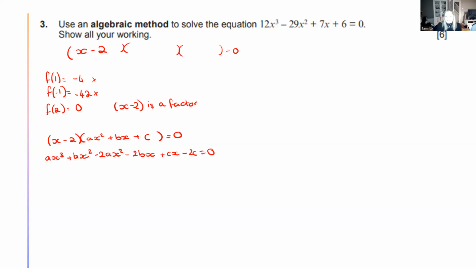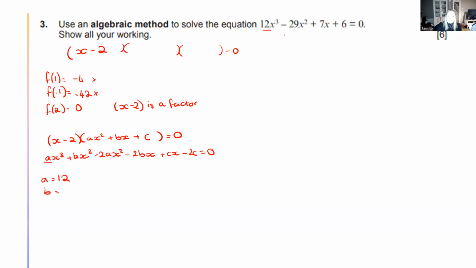Now, this is where we're going to use the knowledge we've got. Once we expand, the number in front of the cube has to be equal to the cube at the top. So straight away, I can say a is equal to 12.